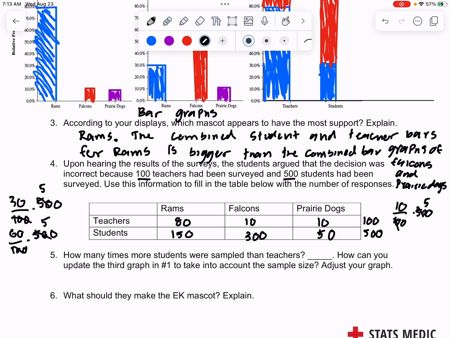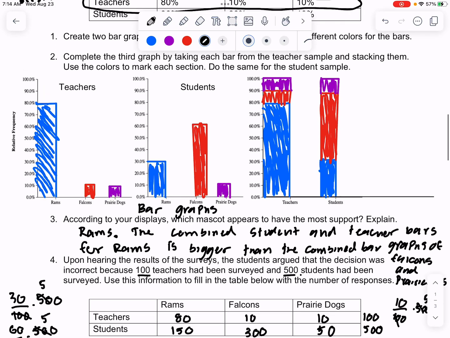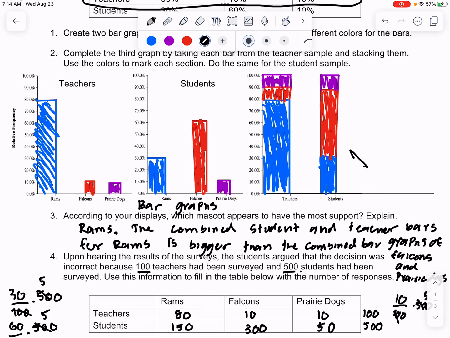Well, if we sampled 100 teachers and 500 students, then the students we sampled is 5 times larger than the teachers, right? So we would want this graph to be 5 times wider than this graph, right?